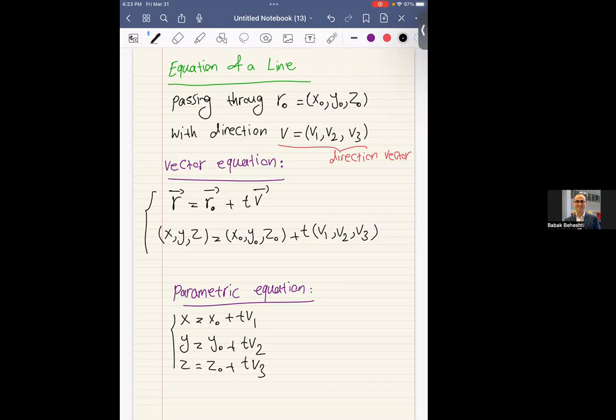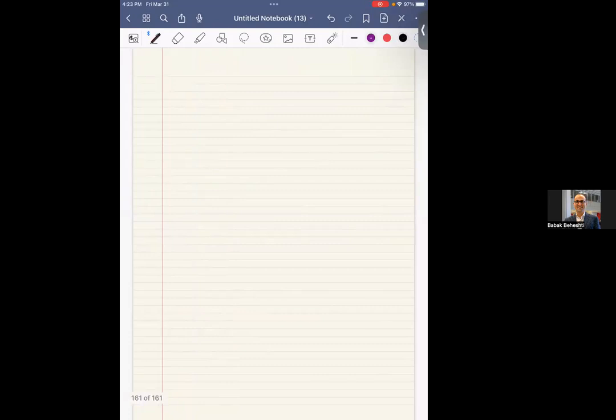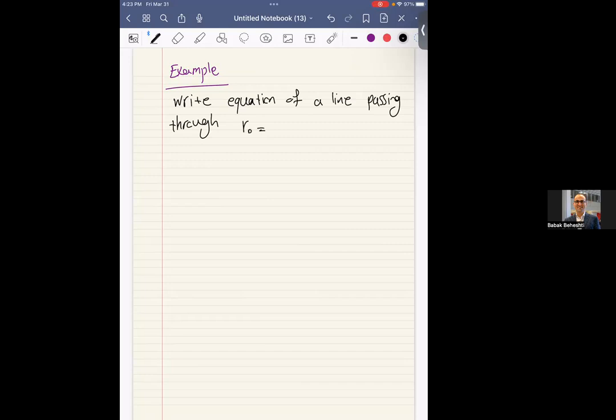Okay, so for example, write the equation of a line passing through R0 equal to 1, 2, 0 with direction v equal to 2, -1, -1.